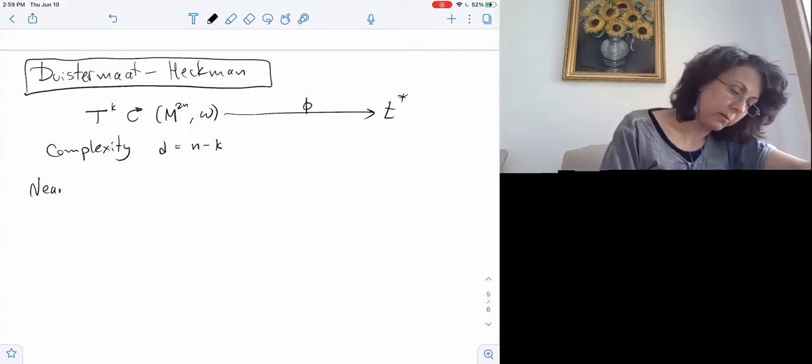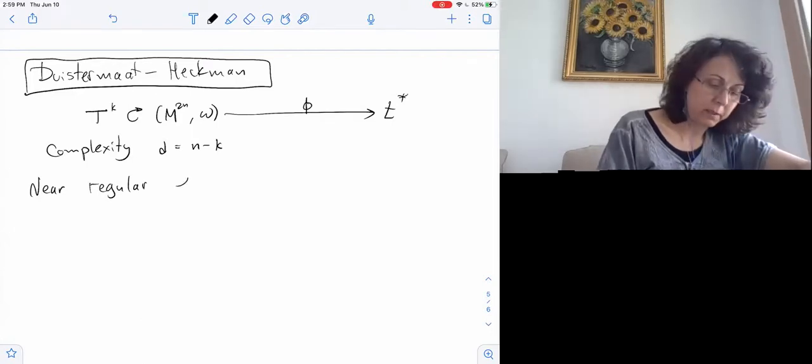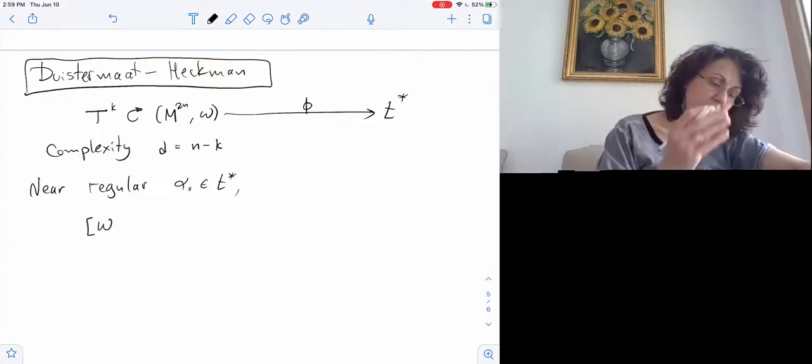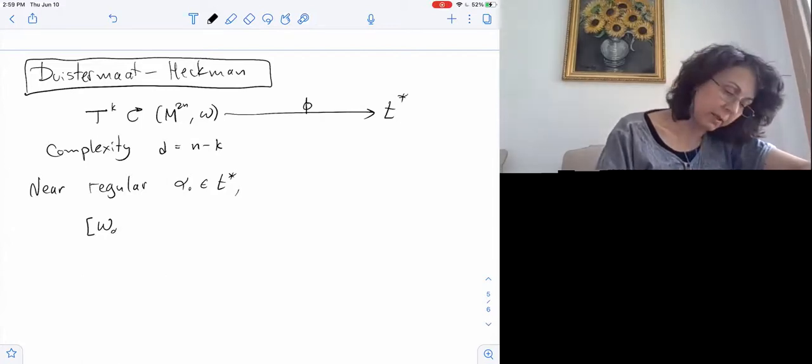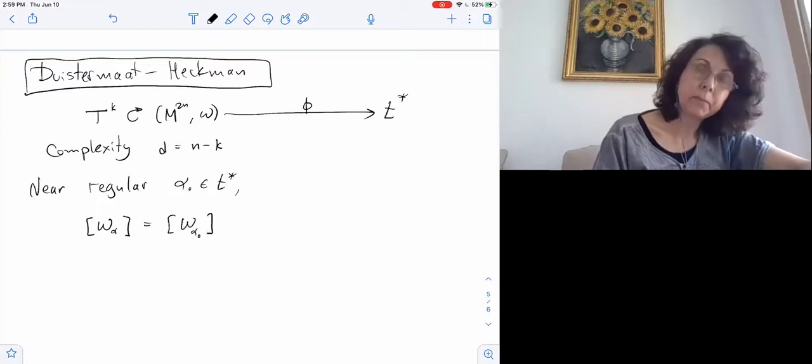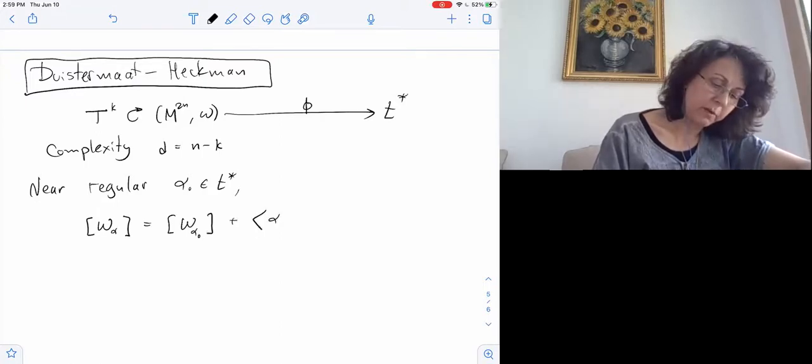And Duistermaat-Heckman tell us a few things. One of them is near a regular value for the momentum map, you can identify the reduced spaces with each other, and under that identification, you can say explicitly how the cohomology class of the reduced symplectic structures changes. It changes linearly, and the slope is governed by the topology. So here is the slope.